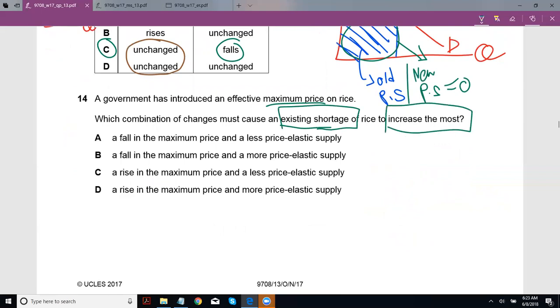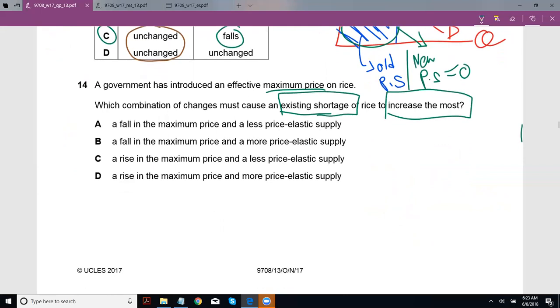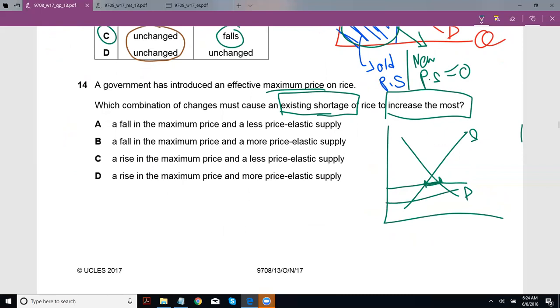So it gets worse basically. And that would happen now if you look at it, if it's demand and supply. Here you have, at this maximum price, this much shortage. At this maximum price, you have an even greater shortage. So your maximum price should fall. It should be as low as possible.